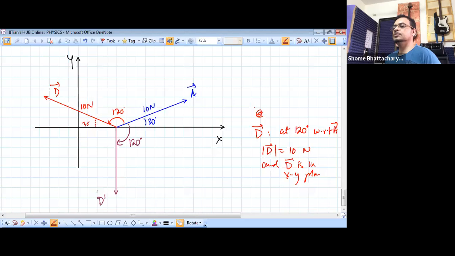Let's say this is D prime. This is also that vector. So again, for each of these vectors, there are two possible solutions. For each of the vectors that I asked you to draw, there are two different possibilities, because you could have taken the angle in the clockwise sense or the anti-clockwise sense.